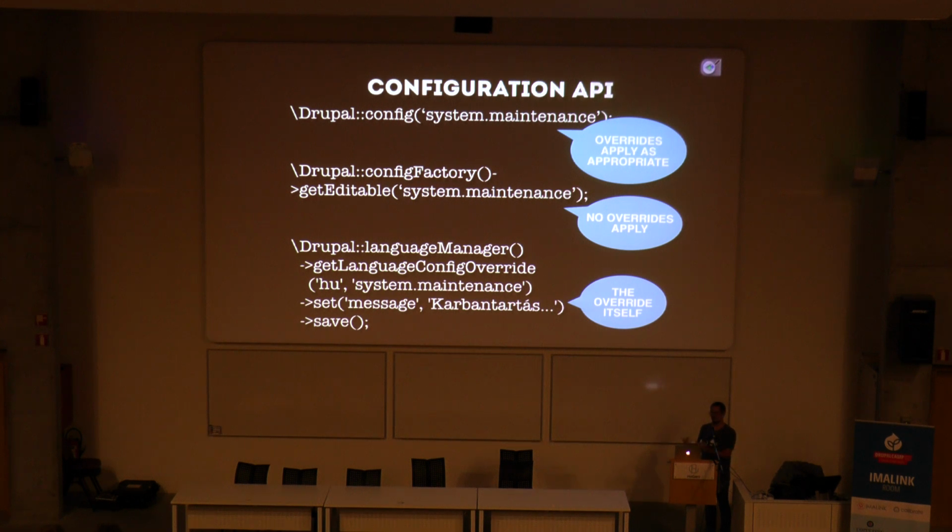So you will get actually the object which is saved. And you can actually create your own overrides for languages. You can call the get language config override method and pass the lang code you want and the config name that you want, and then you can call the set method or whatever and save. So you can actually access the override itself.